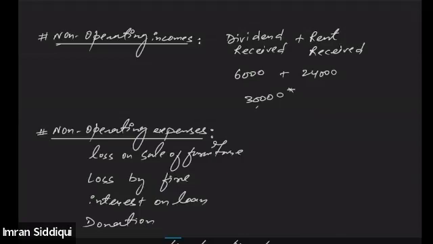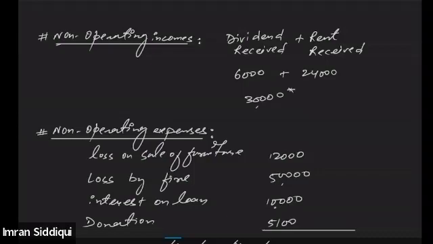All these are non-operating expenses. So loss on sale of furniture was 12,000 and loss by fire was 50,000. Then interest on loan was 10,000. And finally, donation was 5,100.